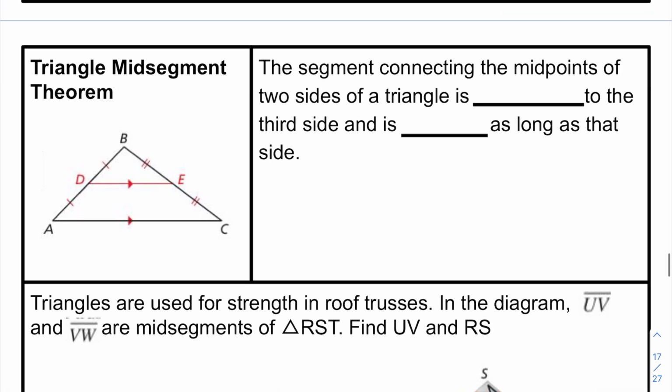which is what our mid-segment theorem is going to tell us: the segment connecting the midpoints of 2 sides of a triangle is parallel to that third side and is half as long as that side.